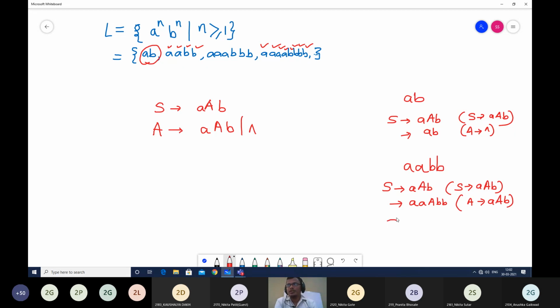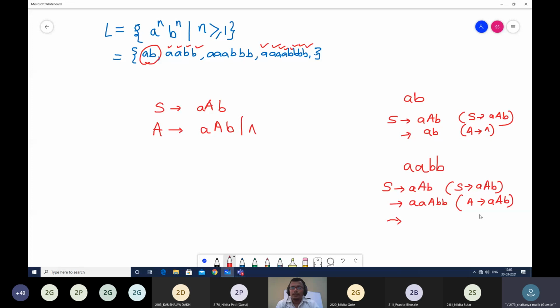Then next, which production rule will I apply? Can anyone tell me? Which production rule should I apply next for generating aabb? Yes, anyone? Hello? Someone has unmuted?